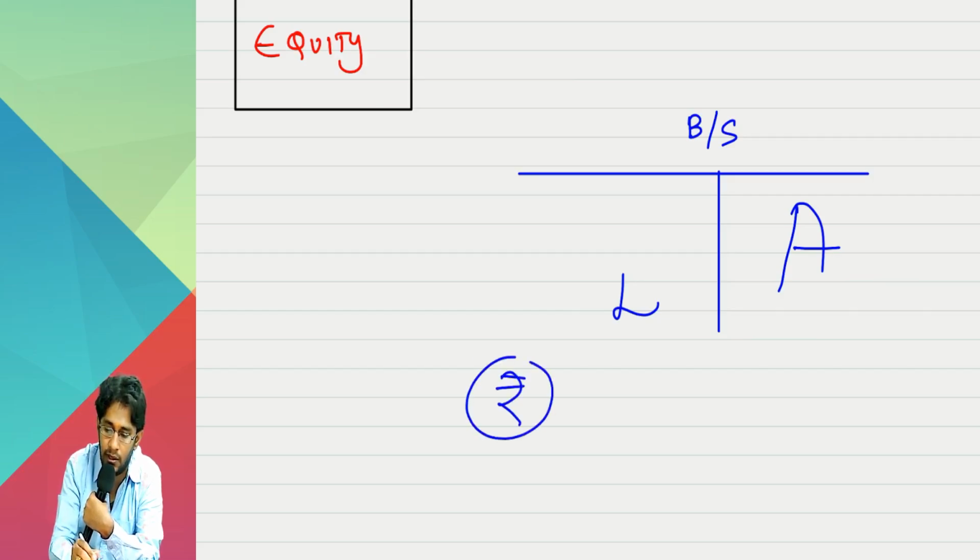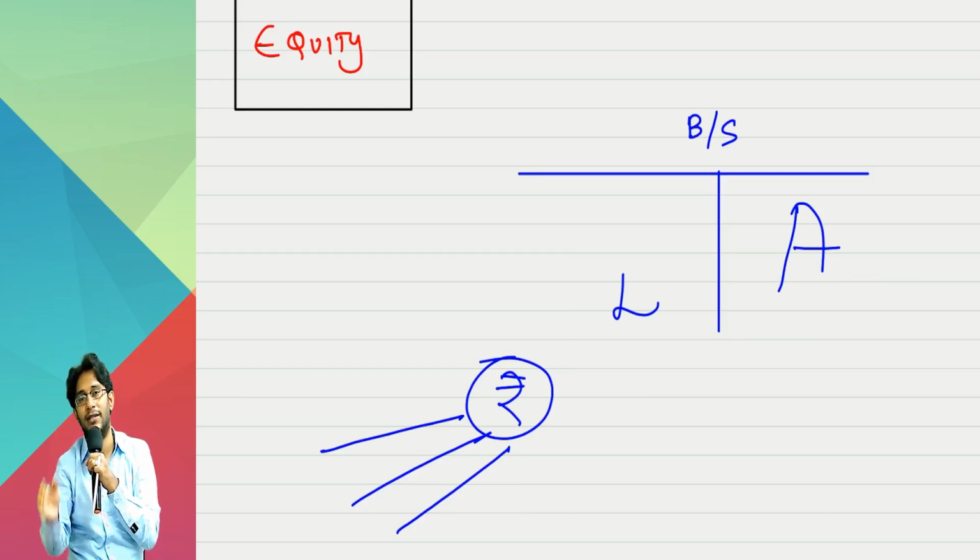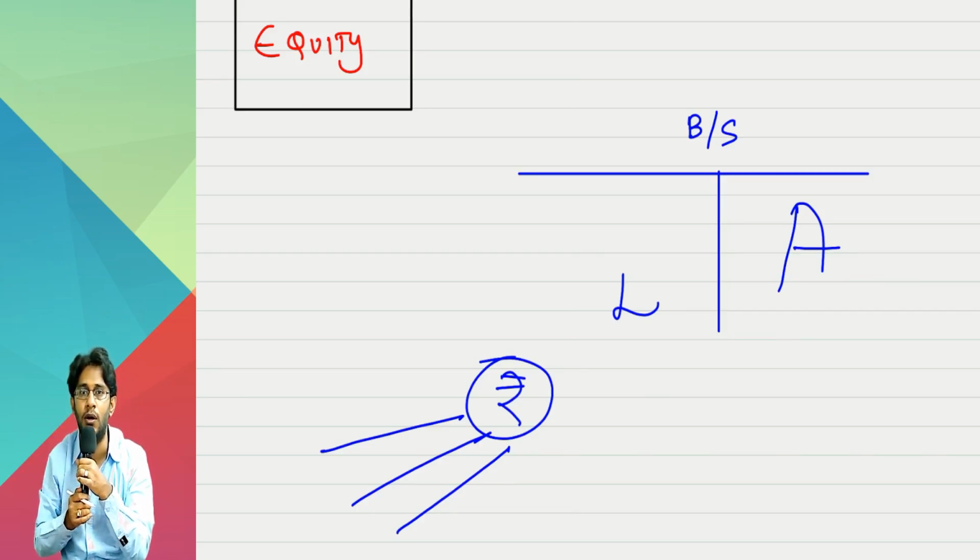That money belongs to some people. Those people will be holding some paper in their hand. That paper, which gives you a right on the residual net assets, is called an equity instrument. So an equity instrument is that contract which gives you a residual interest in the assets after paying all the liabilities.